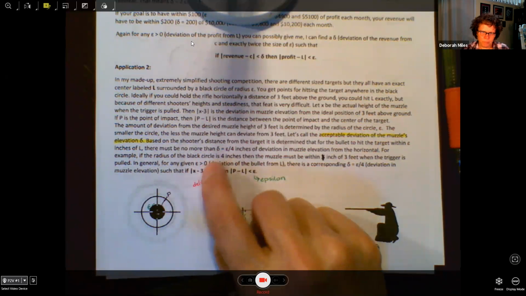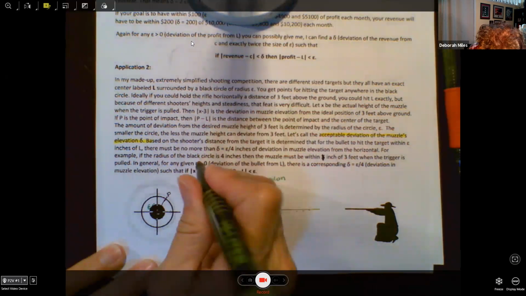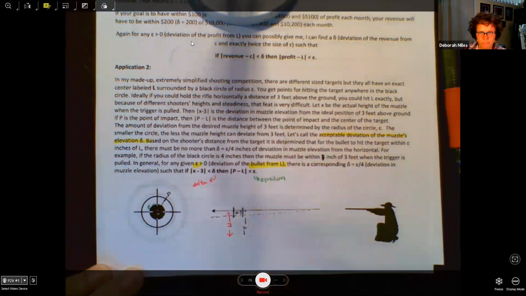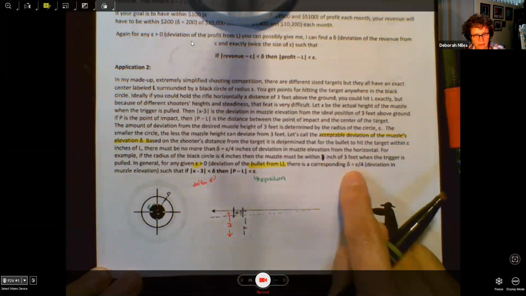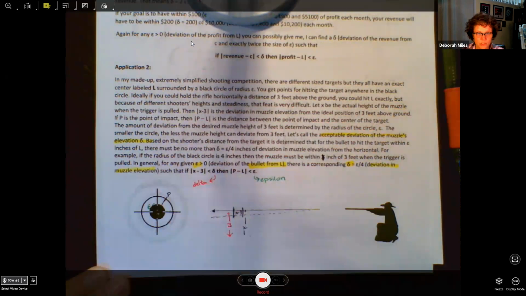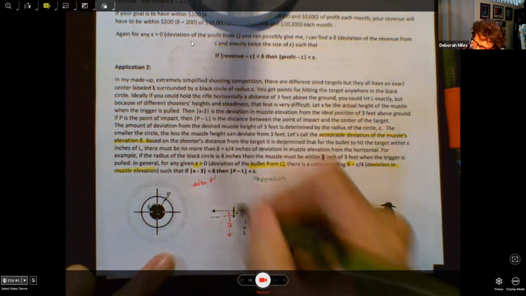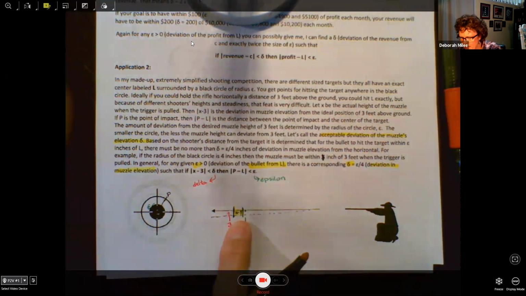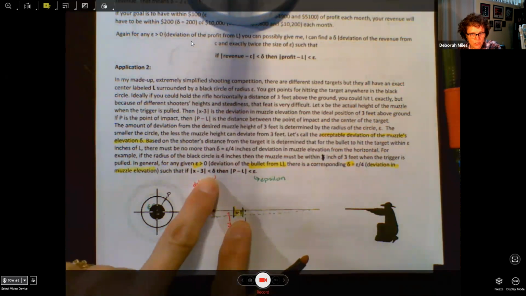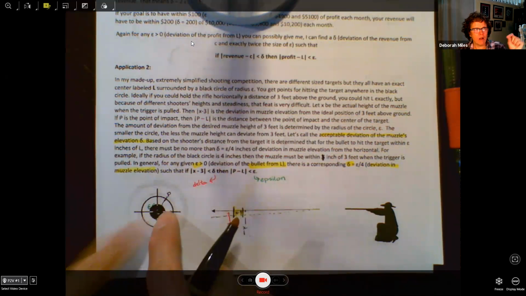So that seems kind of pointless, but in general, for any epsilon greater than 0, and again, epsilon is the deviation of the bullet from exact bullseye, there is a corresponding delta, and again, delta is the acceptable amount of deviation in the muzzle elevation, such that as long as this distance is within that acceptable range, then your bullet will be within the acceptable range from the bullseye.